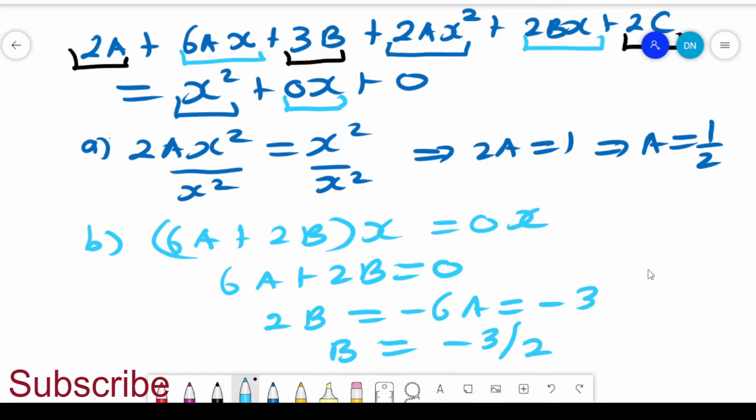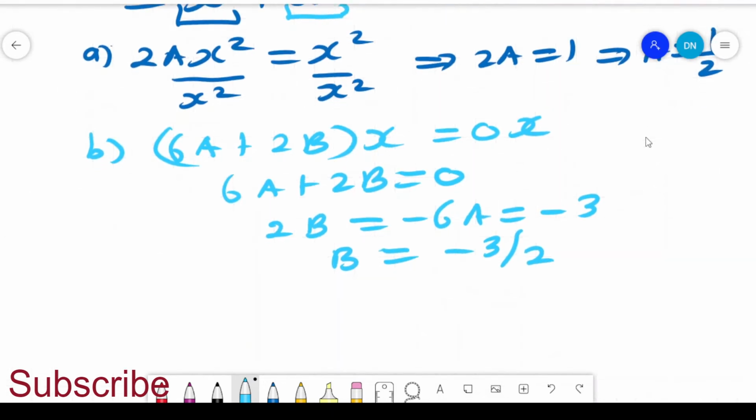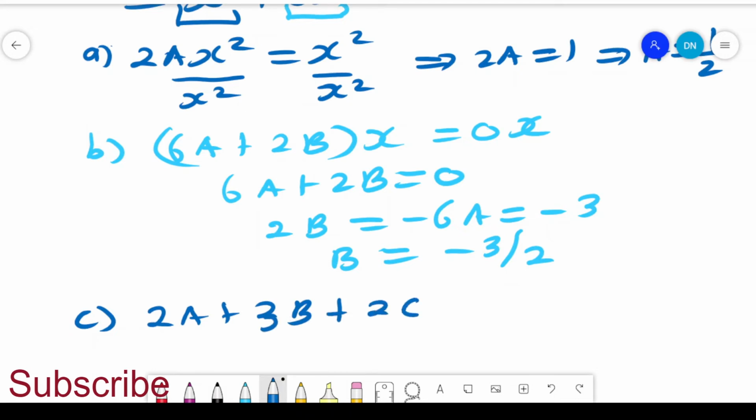And therefore, we're now able to get the value of c. The value of c is given by 2a plus 3b plus 2c is equal to 0.